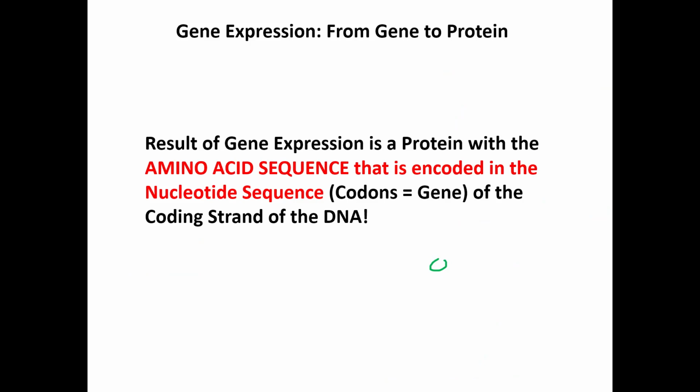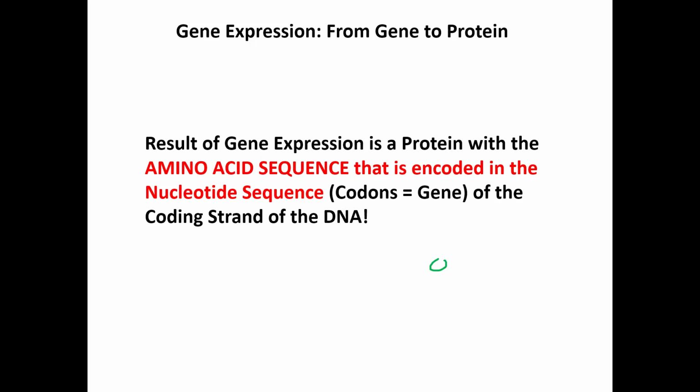So what we have as a result of gene expression now is our protein that we need in hopefully the correct amino acid sequence, so that the result is a working copy of that protein.